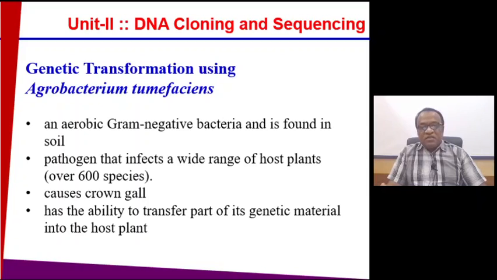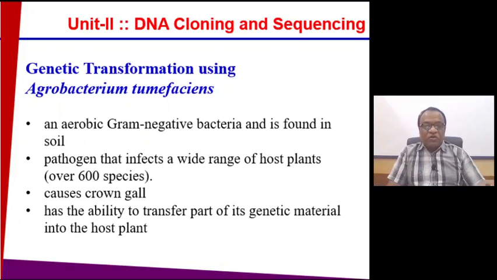There are related species, for example Agrobacterium rhizogenes. This causes the proliferation of secondary roots at the point of infection, and Agrobacterium rhizogenes is also explored extensively to transform plants.